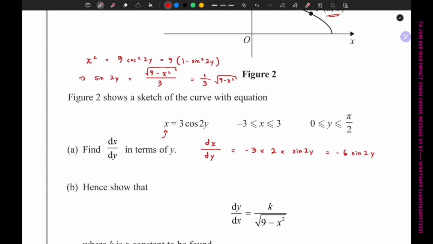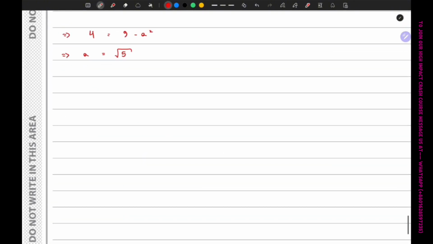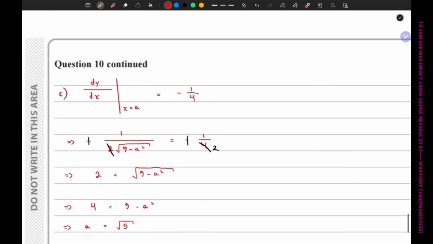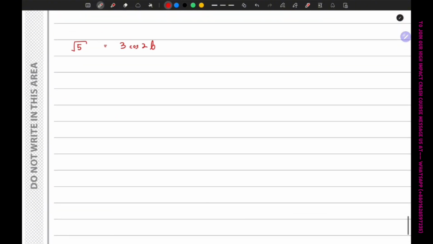From this we can find out the y coordinate of P. So we know that the x coordinate is root over 5 and the y coordinate is b. Now we just need to find out this value of b. So if we solve this, cos 2b is root over 5 by 3.